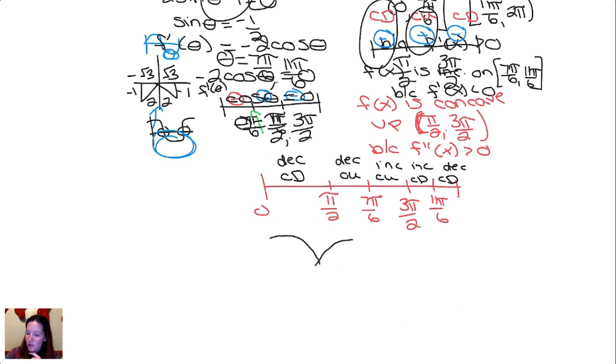I don't know what I just drew there. Let me get rid of that. So decreasing concave up would look like this. This is better, right? Then increasing concave up. Then increasing concave down. Then decreasing concave down, right? So we could get a rough sketch.